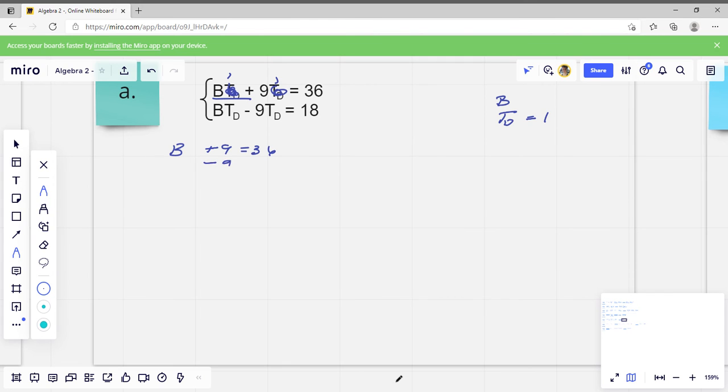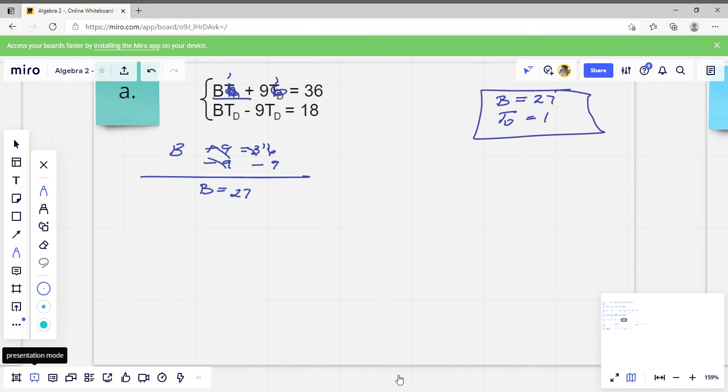Now we subtract 9, and we're going to get b equals 36 minus 9, which is 27. So b equals 27 and td equals 1 is the answer to that one. All right, next one.